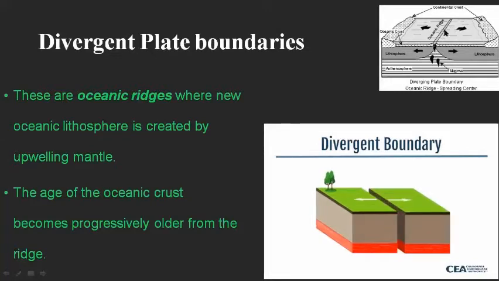So new magma will be deposited over here while the old oceanic floor will be pushed farther away. As it is written here, the age of the oceanic crust becomes older away from the ridge. Near the ridge it is new oceanic crust, while away from it is the old lithosphere.